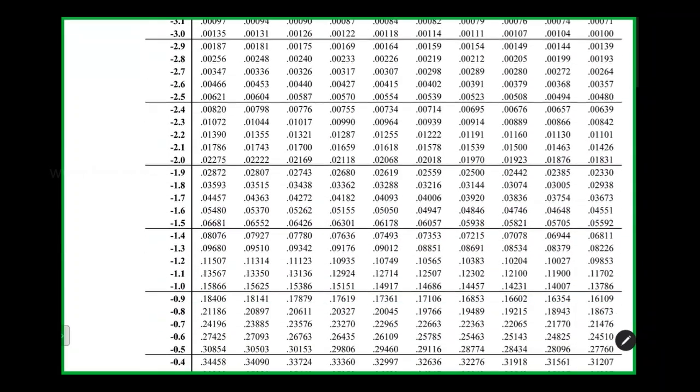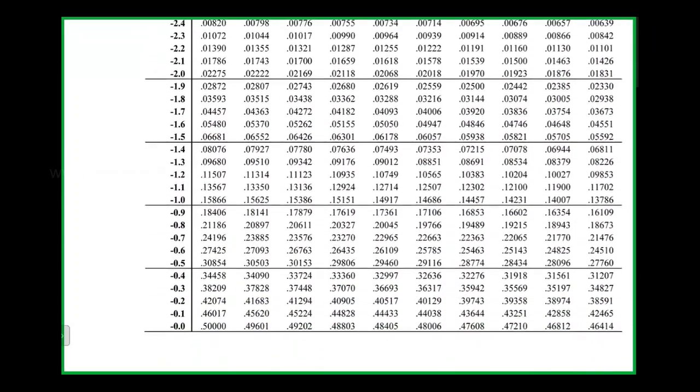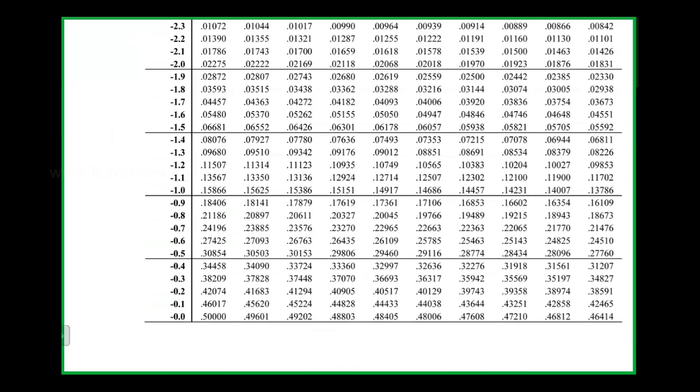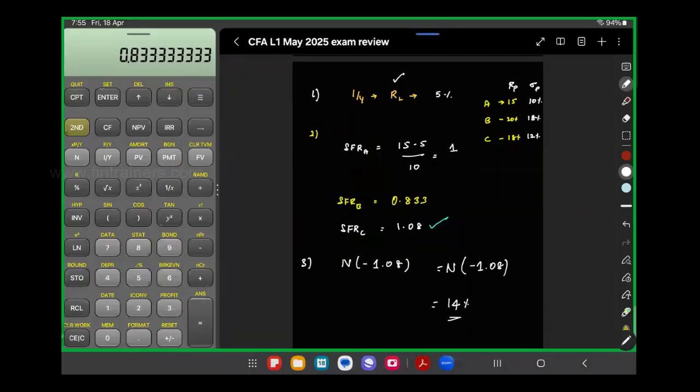So scroll down to minus 1.0. That is 14% roughly, I think. So there is a 14% shortfall risk, the chance that it will be below the shortfall level. This is the probability that portfolio C's return will be less than 5%.